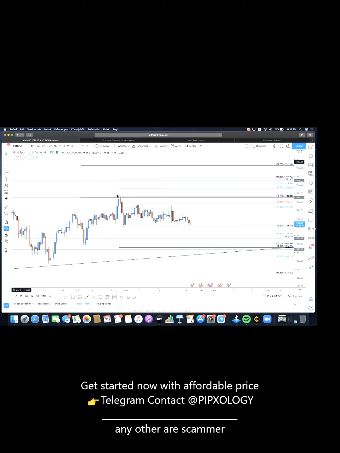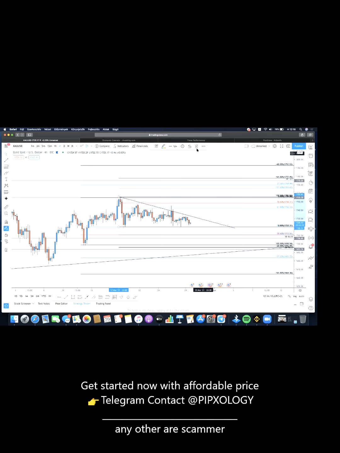That's the first scenario. The second one, if you check the structure, it's creating lower highs and lower lows. So it made the break of structure at this point. Possibly it makes some pullback to the upside and after that drops to the downside.